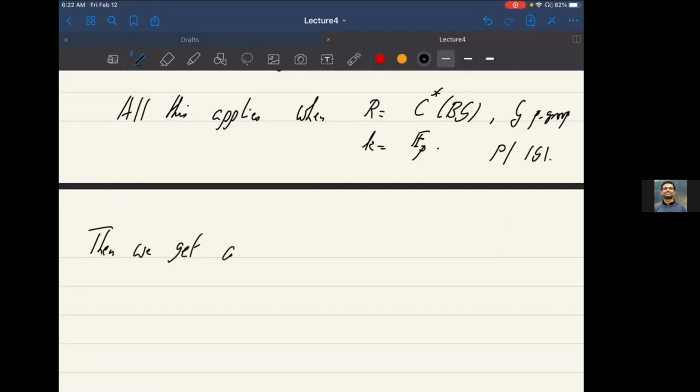We get that this is Gorenstein. You don't have to take FP, any field of characteristic P would do, but let me stick to FP.